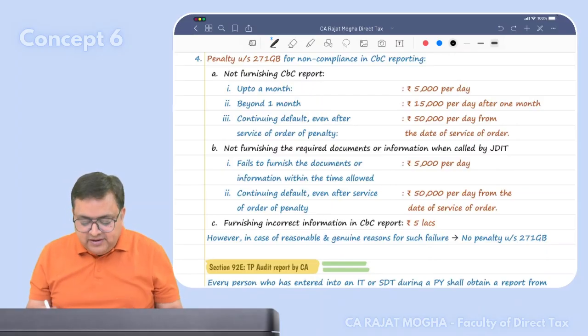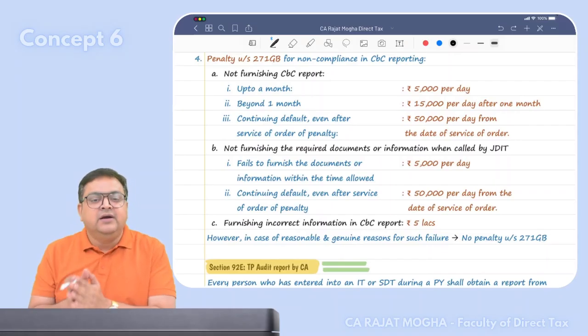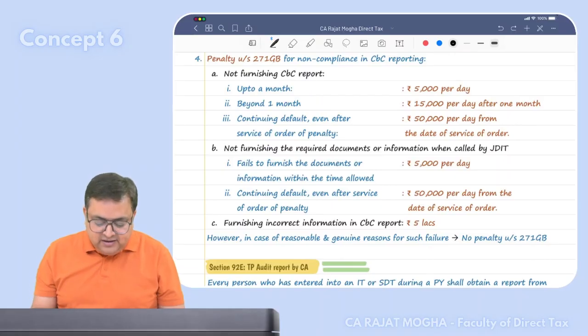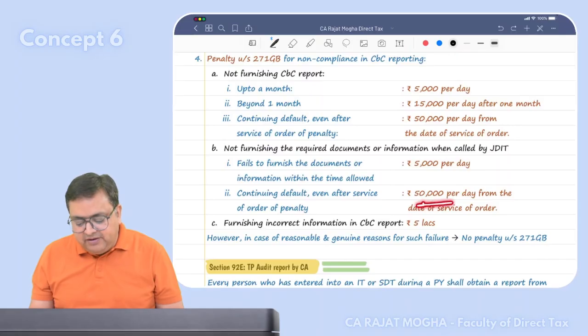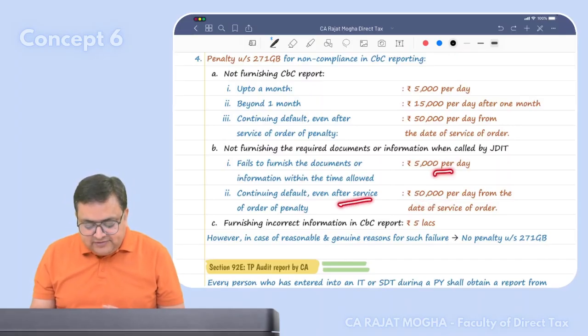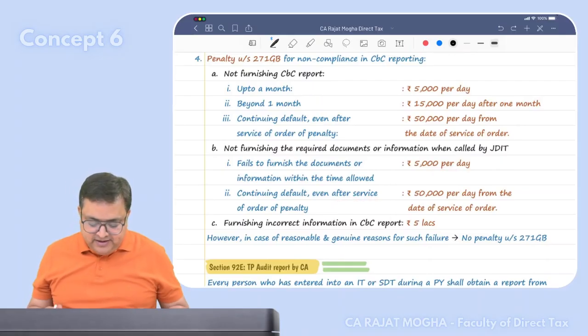If you don't submit, then from the expiry of those 30 days or extended period, 5,000 per day. And if you continue the default even after service of order of penalty, then it will become 50,000 per day. So till that time, 5,000. After service of penalty order, still you are not doing it, after that, 50,000 per day, right?